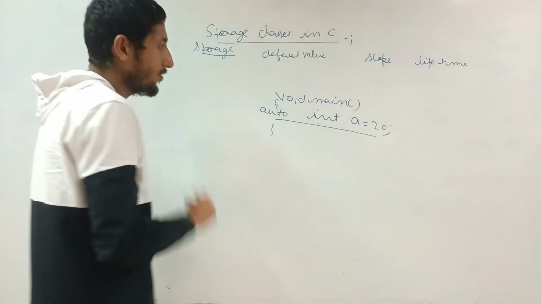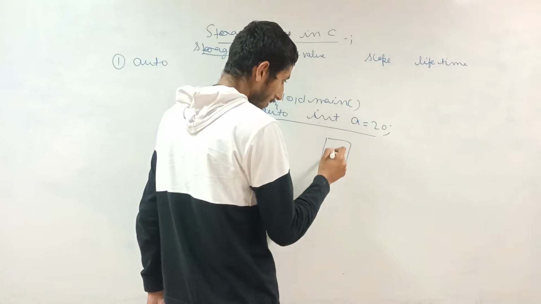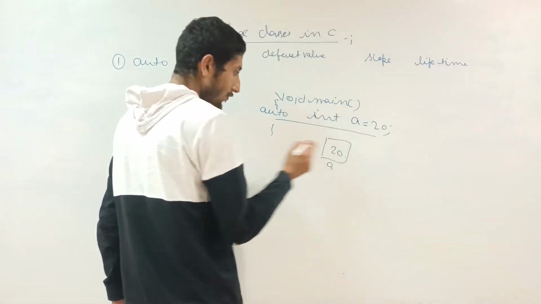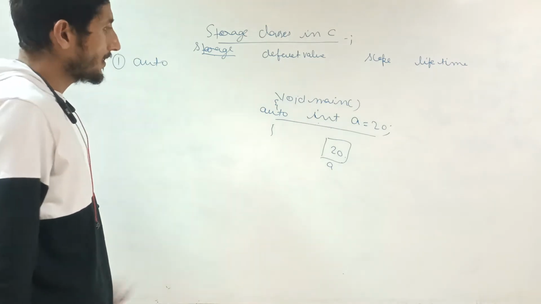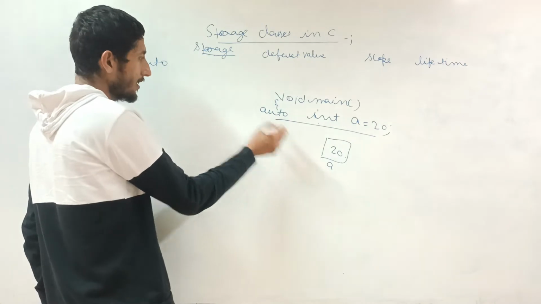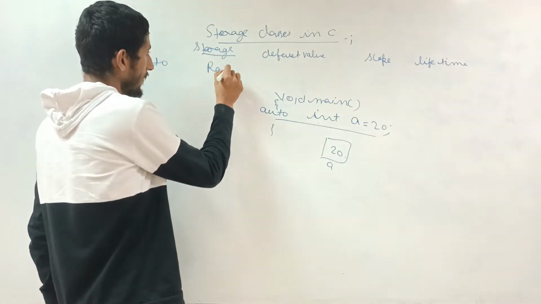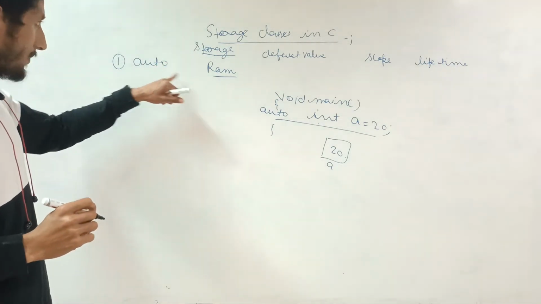The compiler will allocate 4 bytes of memory for a. But where will these 4 bytes of memory be allocated? In storage, we will discuss this one. Generally, it is allocated in RAM. So the storage for an auto variable is RAM.